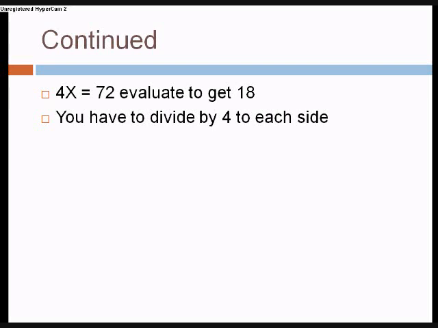And since we have a 90-degree angle, we would have an equation equal to 90. It's going to be one number plus another equals 90. And now our equation looks like 4x plus 18 equals 90.